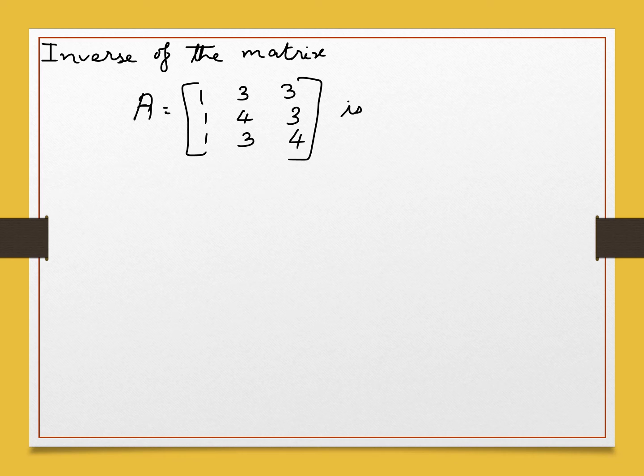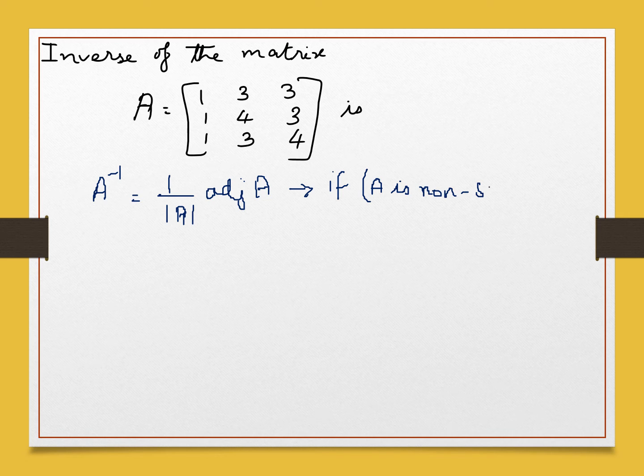The formula for finding the inverse of a matrix is A inverse equal to 1 by mod A times adjoint of A. First you need to determine whether the matrix is singular or non-singular, because this formula is applicable only if the given matrix A is non-singular.